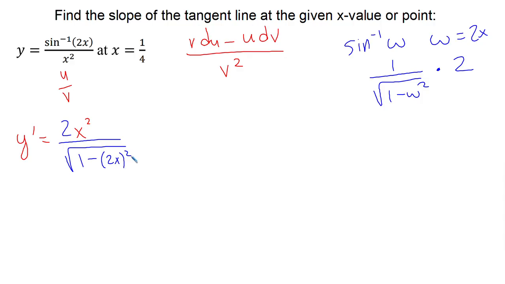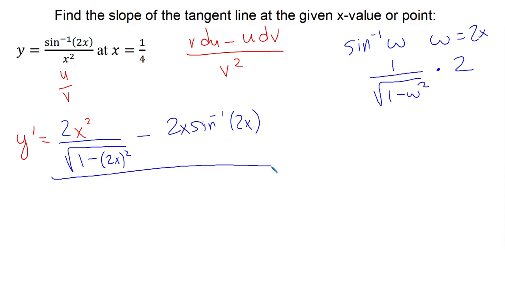So that's the v du. Then we'll have minus u, which is inverse sine of 2x, times dv, which is just 2x. We'll divide it all by our denominator squared, which in this case is going to be x squared squared. We should know that x squared squared is x to the 4th.